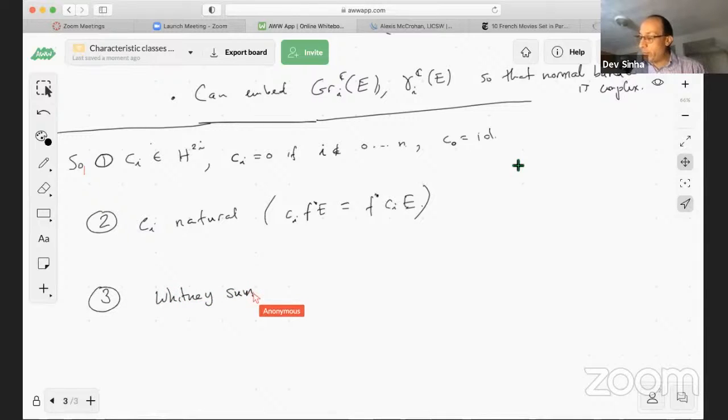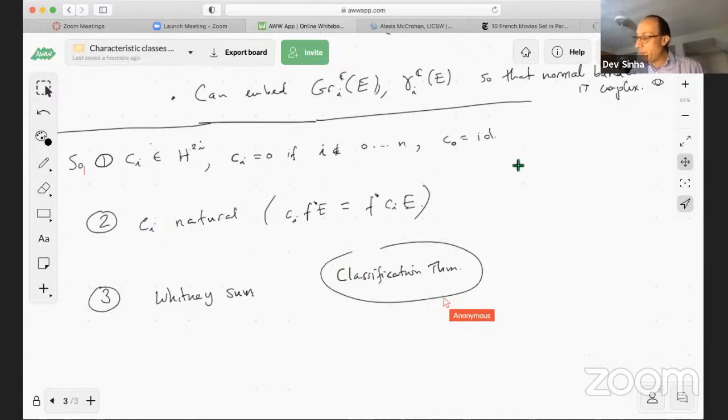And for this, we need the classification theorem that any complex bundle is pulled back from a Grassmannian. We need the cell structure on Grassmannians. And here's one wonderful difference.